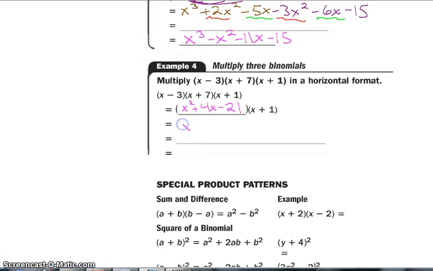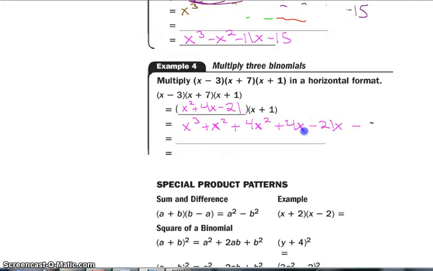So I have x cubed plus x squared plus 4x squared plus 4x minus 21x minus 21.